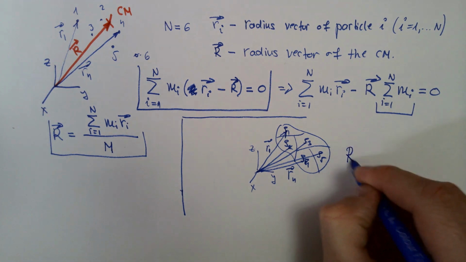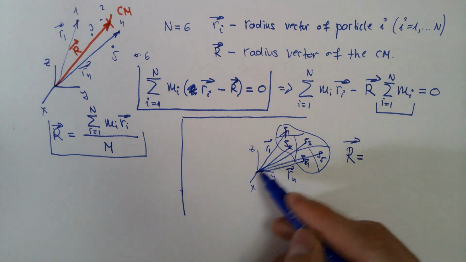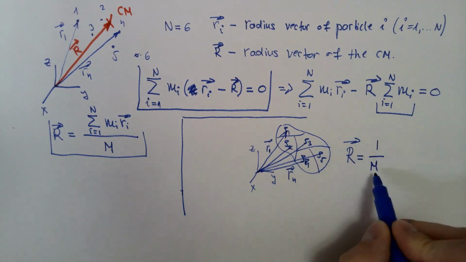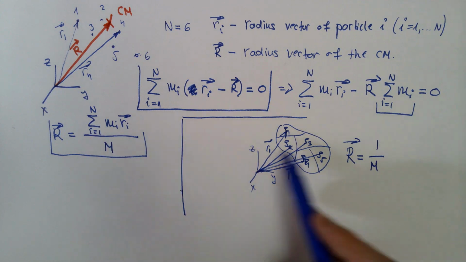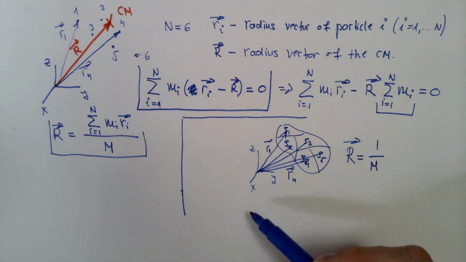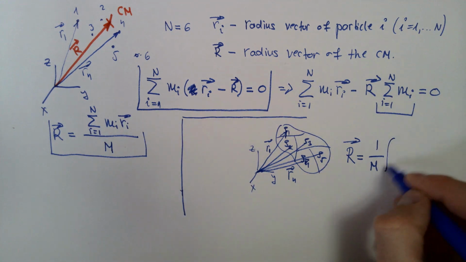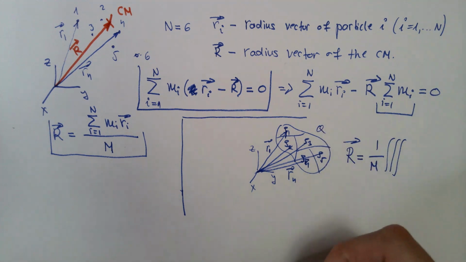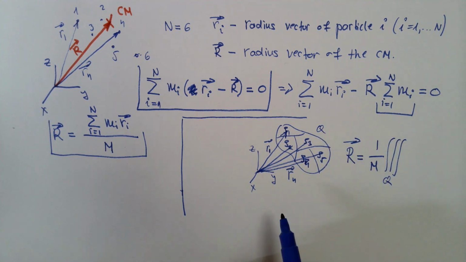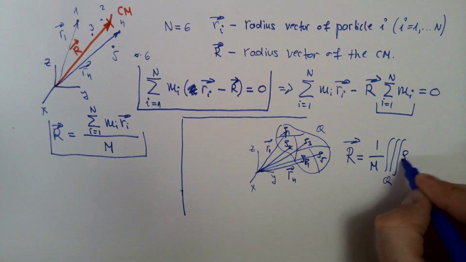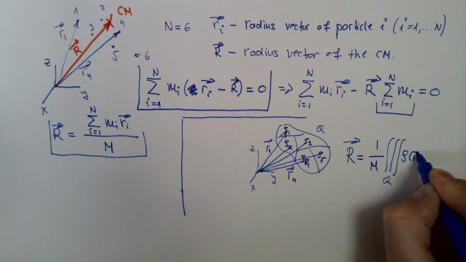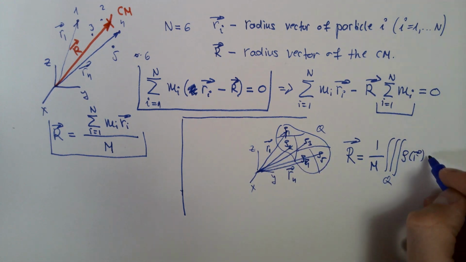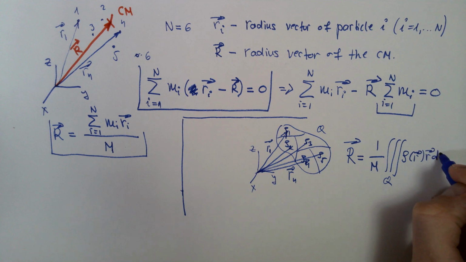And the radius vector of the center of mass of this potato is simply 1 over M. Again, you see similarity, but because this is a continuous solid body, instead of a sum, we tend to use an integral over the total volume of the body, let's say V, of rho as a function of the radius vector of each density patch, times r, times dV.